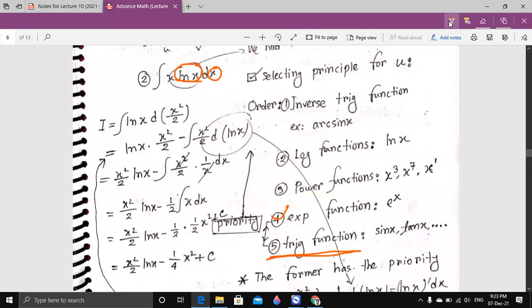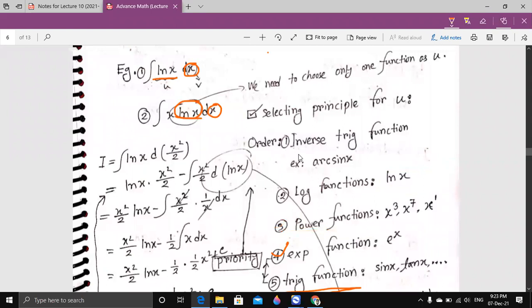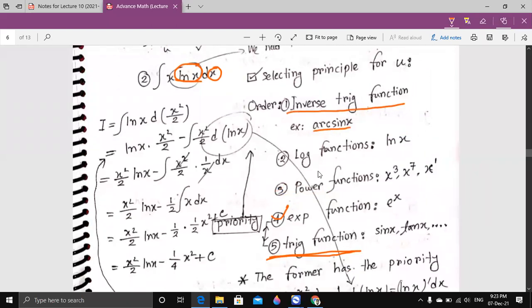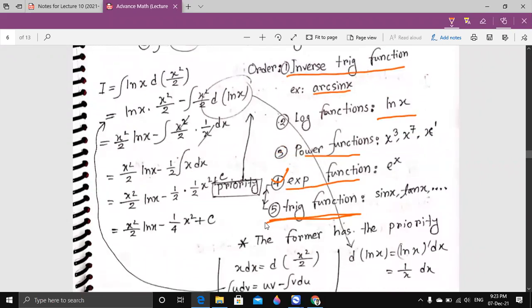Firstly we have to see if there is any inverse trigonometric function. Then we look at log function, then power function, then exponent function, and lastly trigonometric function.